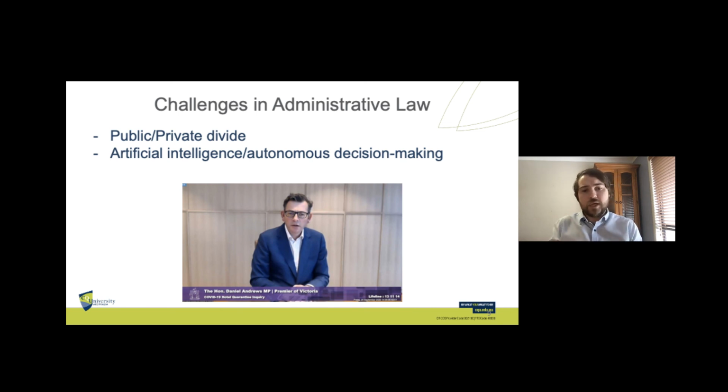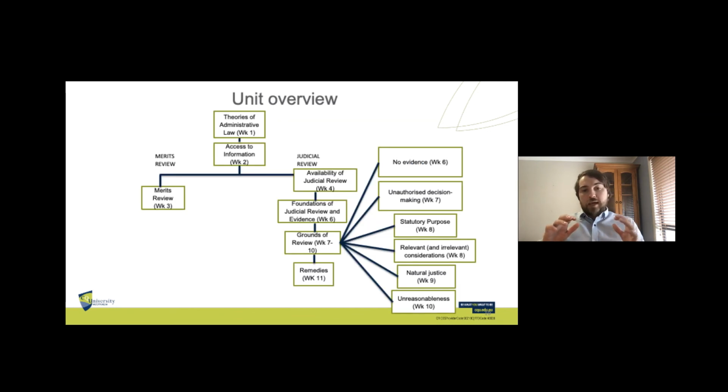So those are two issues that we'll keep in the back of our mind as we go throughout this unit and look into the various steps along the administrative process. As an overview of the unit as a whole, I think that it's probably more useful to you to see this as a mind map rather than a sequential list of the weeks, although I will provide that too.